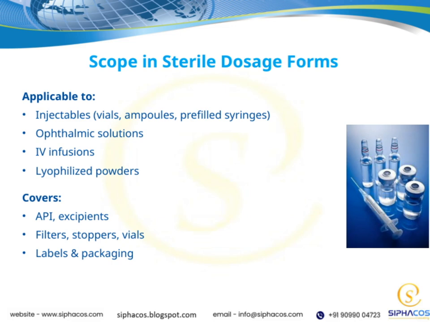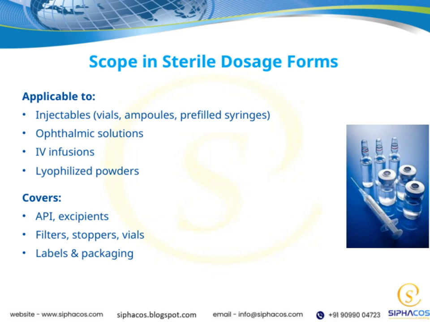When we talk about what this scope covers, it's quite comprehensive. It includes not just the active pharmaceutical ingredient, or API, but also the excipients. Those are the inactive substances that help stabilize or deliver the API effectively. Additionally, the scope encompasses the filters used during manufacturing, the stoppers and vials that contain the products, and even the labels and packaging.